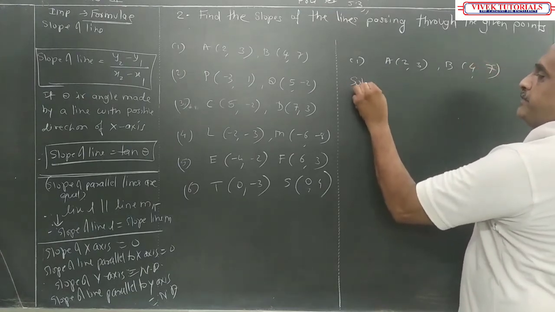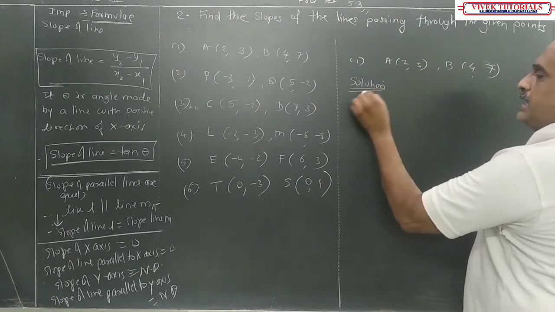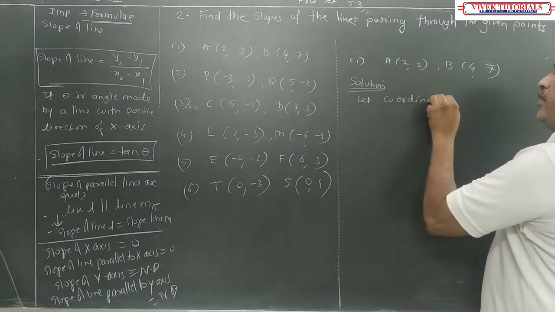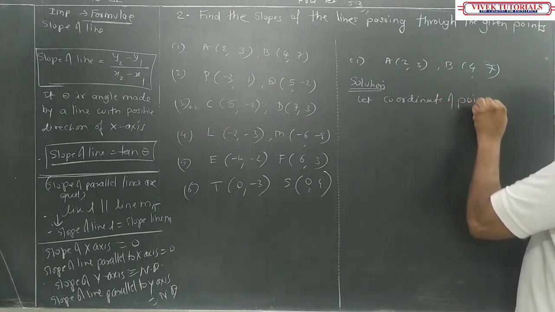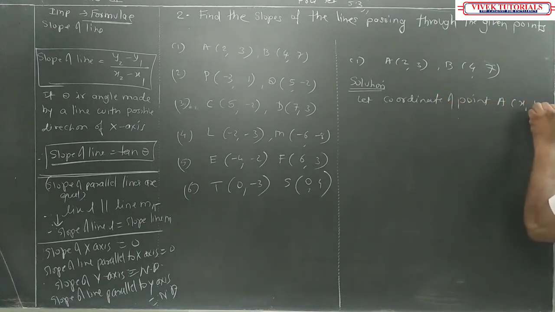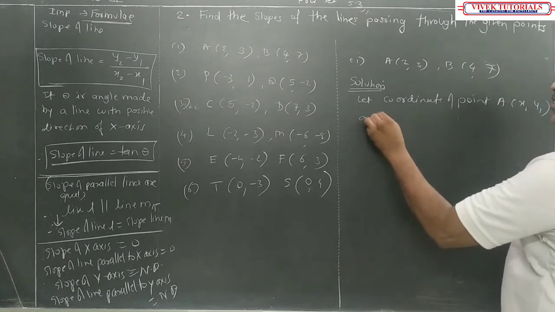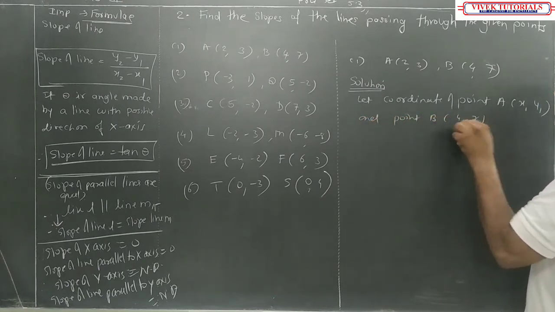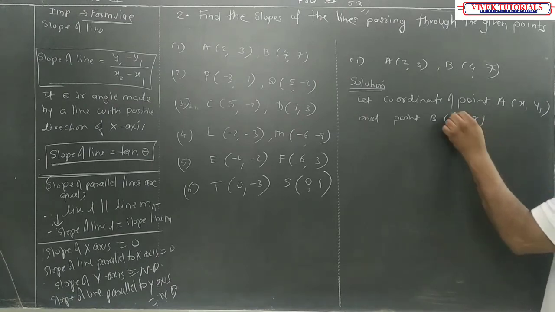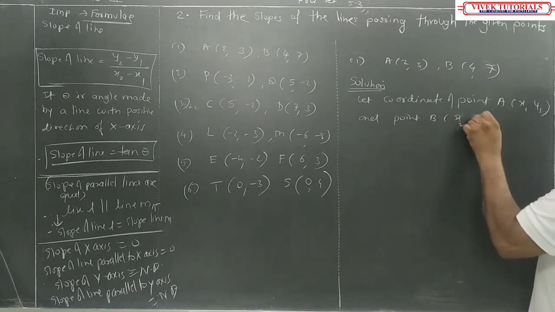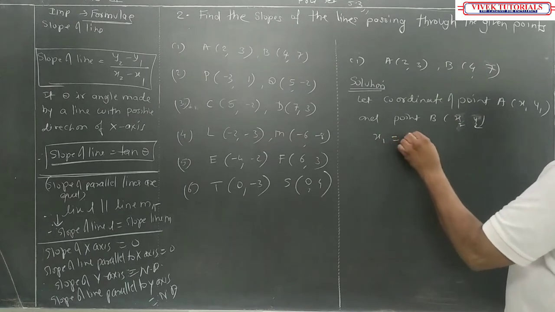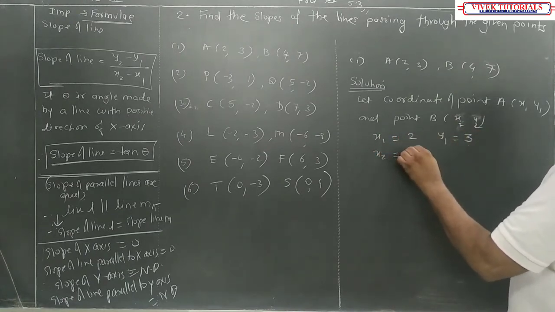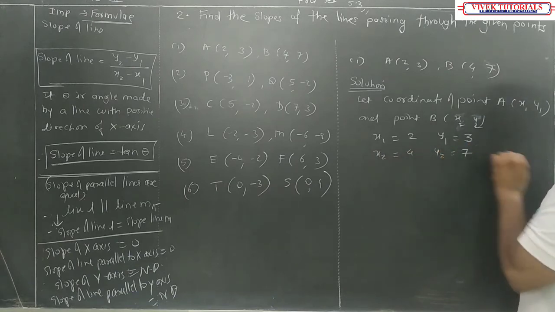Solution: let coordinates of point A be x1 y1 and point B be x2 y2. So your x1 is 2, y1 is 3, x2 is 4, y2 is 7.